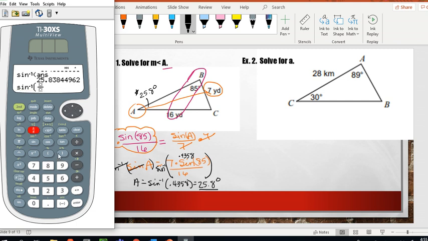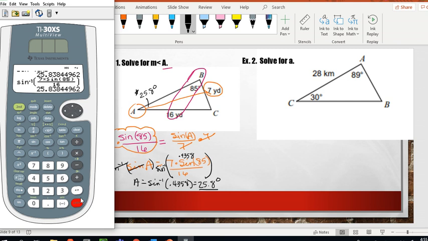So I'm going to hit N over D. On the top of that fraction, I have 7 times sine of 85. Close parentheses. On the bottom, I have 16. And then I'm going to arrow over and close my parentheses. Do you see how I made what was in the black and the orange right here? I've got it all there. All I have to do now is hit enter.